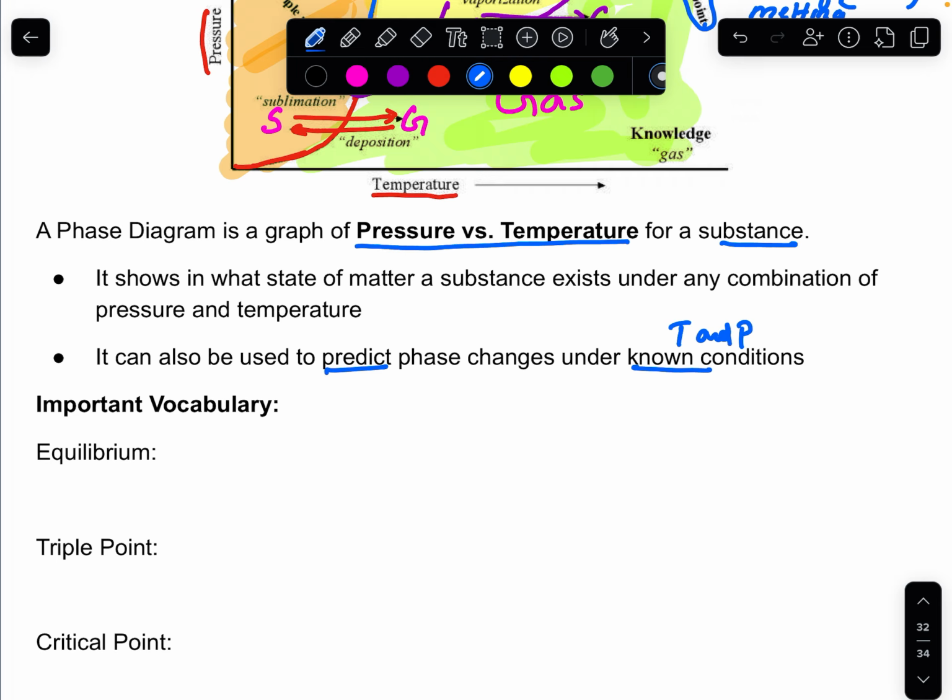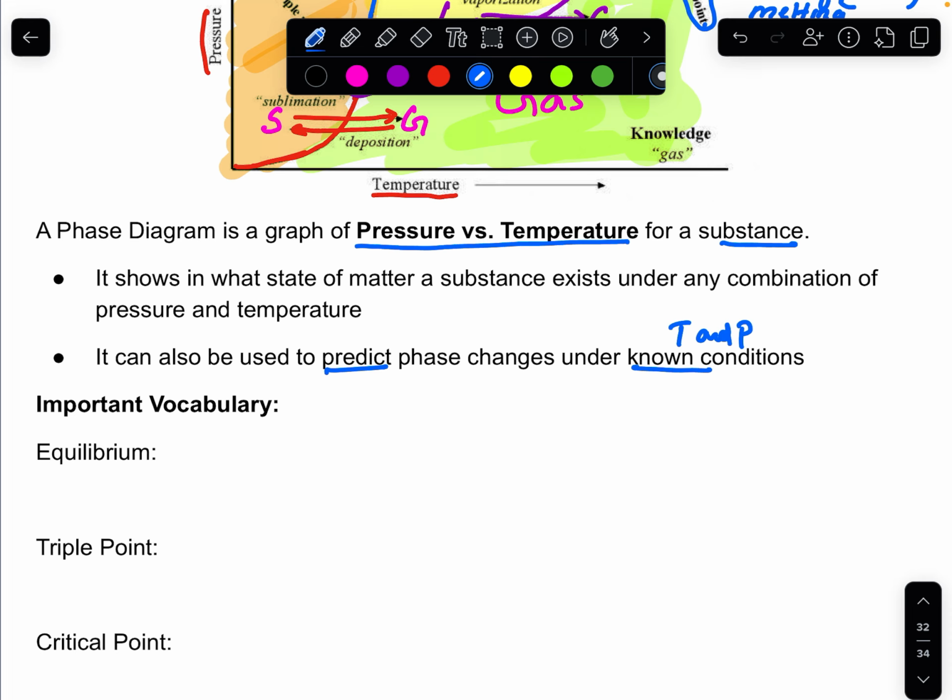The definition of equilibrium is a general word, but when you apply it to each situation in science, the definition may change. So here we can say equilibrium is a condition where more than one phase exists at the same time.